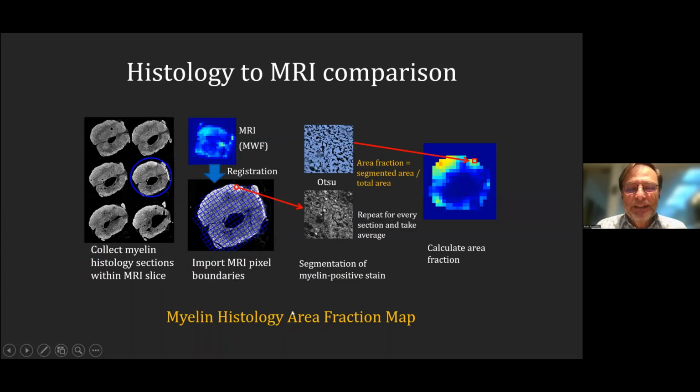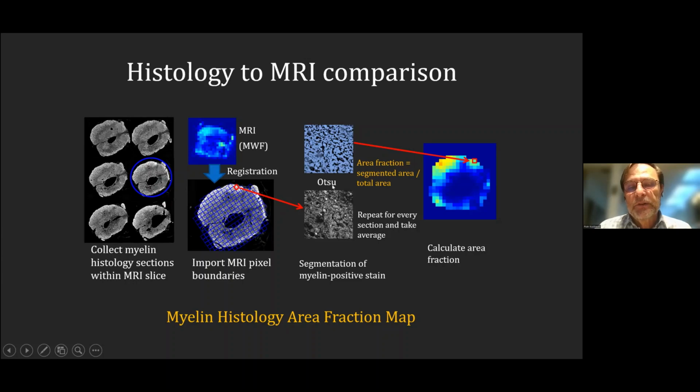So then we look at the difference in the resolution between the two. The way to overcome it, we basically just generate a grid which corresponds to the pixel size in the MRI data, and overlay this on the histology section.